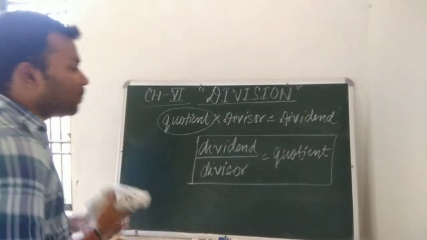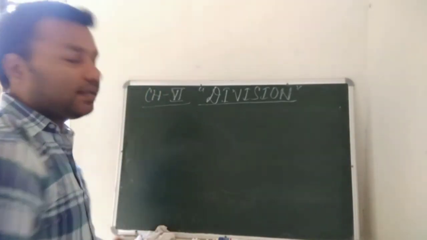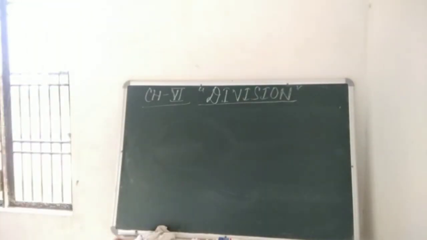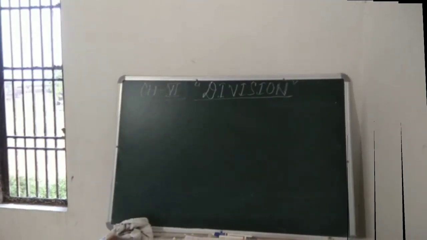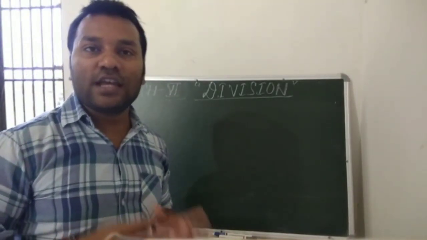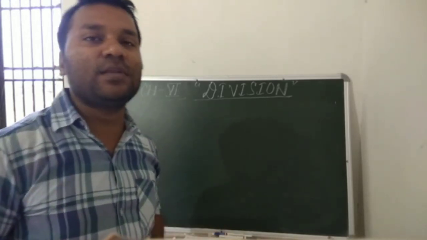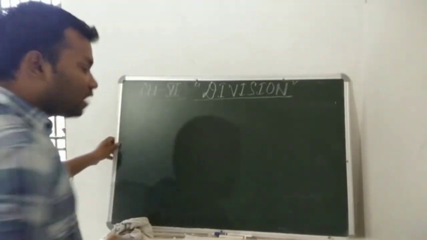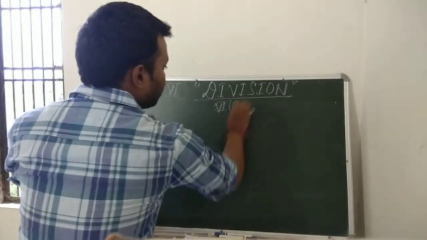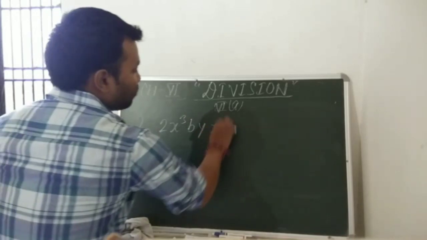Now let's move on and talk about some rules through which we can divide simple expressions. Students, we will talk about the division of monomials, that is, how we can divide simple expressions by each other. Let's have some examples and try to understand it. Let's start from question number 1 of exercise 6A. We have to divide 2x cubed by x squared.